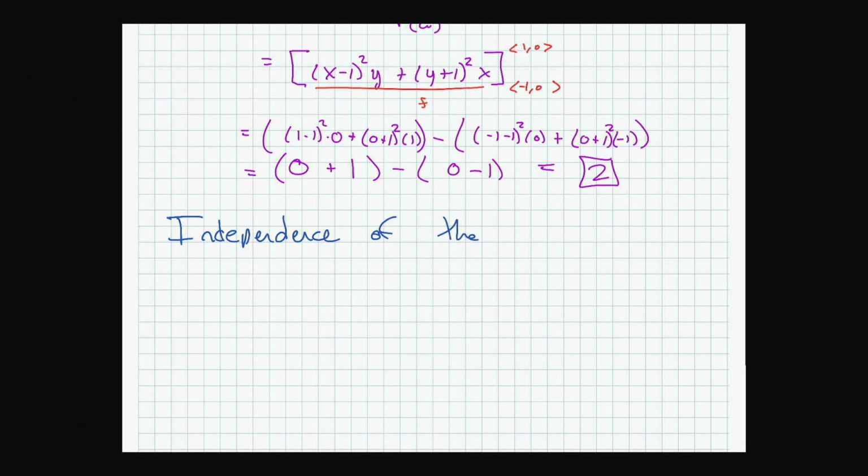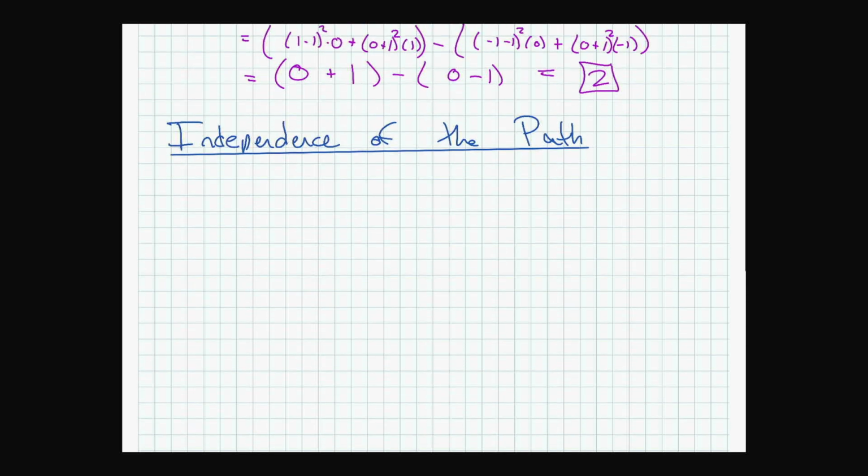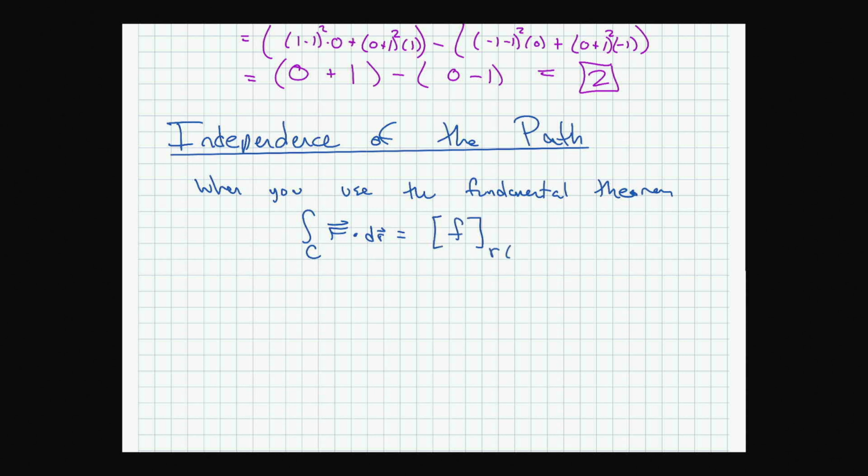Independence of the path. Basically, here's the idea. When you use the fundamental theorem, the integral over C of capital F dot dr gives you that it is little f evaluated between r of a and r of b, the starting point and the end point.